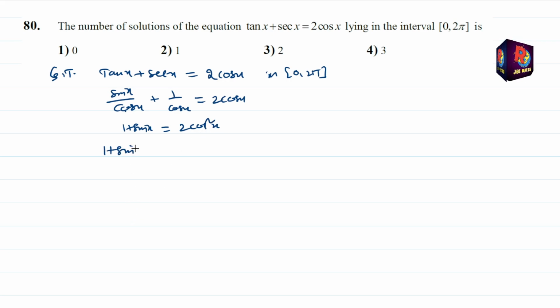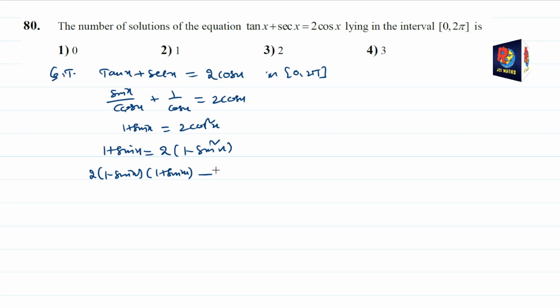1 plus sin x value equals to 2 into 1 minus sin square x. So 2 into 1 minus sin x into 1 plus sin x, minus of 1 plus sin x. Left hand side will be taken to the right hand side.